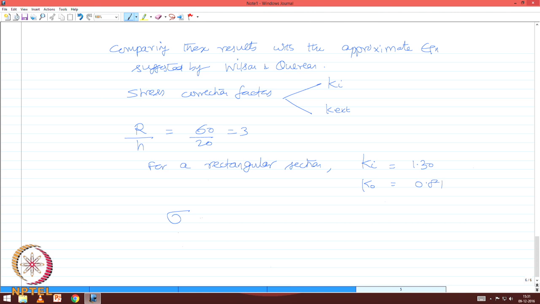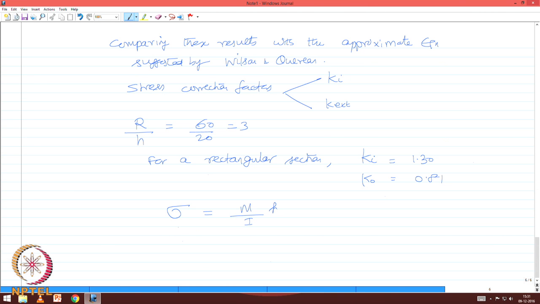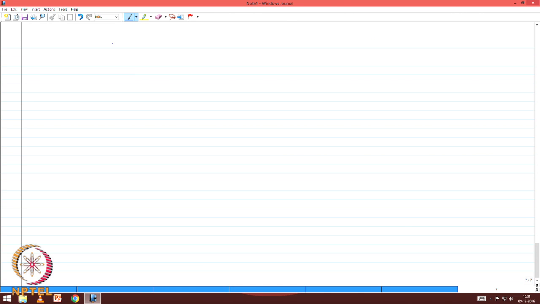Now, the general stress can be simply M by I into h, that is the distance of the fiber, into the correction factor. So, if you really wanted to compute sigma i, then this is going to be equal to stress at A, which is due to the direct stress and due to the moment, 1.3 times M into 20, the h value, divided by I.